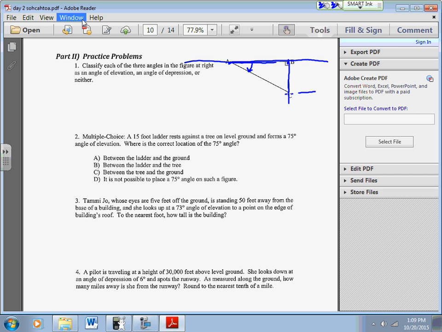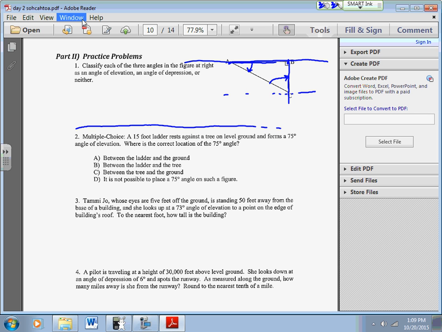Angle C, you kind of have to look at it like this, and it's technically neither, but it could fall under angle of elevation if you wanted to look at it, but neither would be a better idea. And the key thing here is you always have to look for that horizontal line or the horizon.